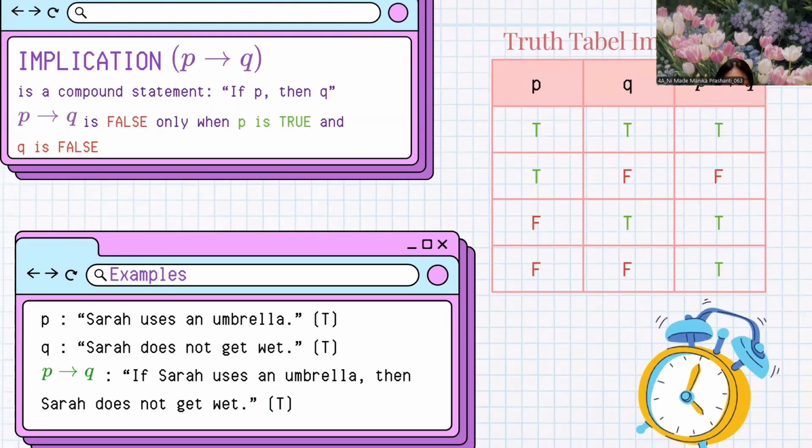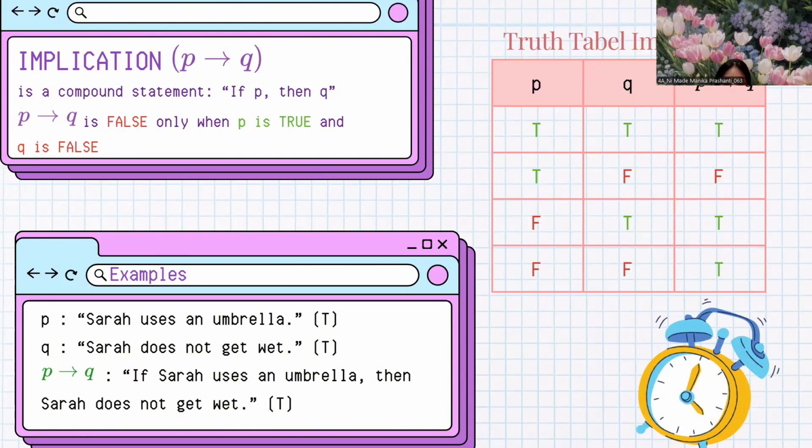Next, the implication. An implication, symbolized as P right arrow Q, is a compound statement often referred to as a conditional statement. In English, we read this as "if P, then Q."